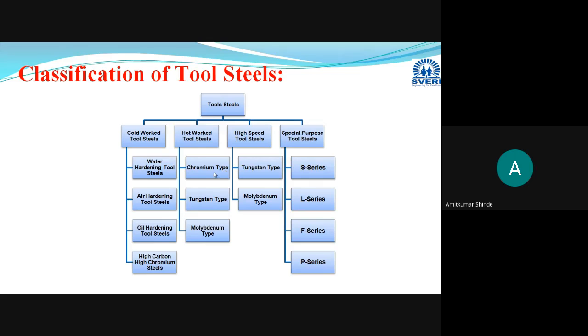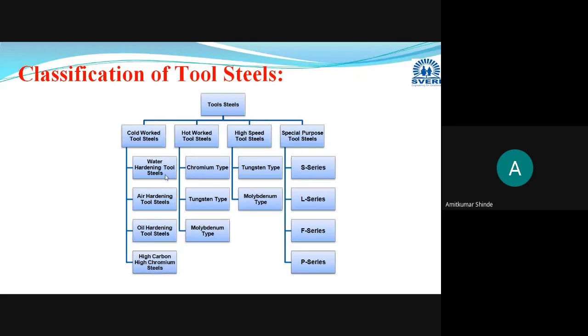Then tungsten type tool steels, here tungsten will be present in the larger quantity, or it will be termed as the principal alloying element here. That's why it is termed as tungsten type tool steels. Then molybdenum type tool steels, here molybdenum will be the principal alloying element, that is the alloying element which is present in the largest proportion.